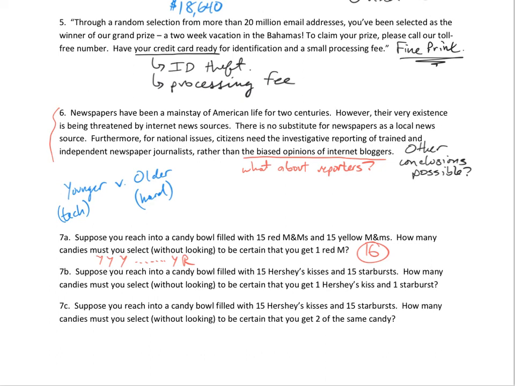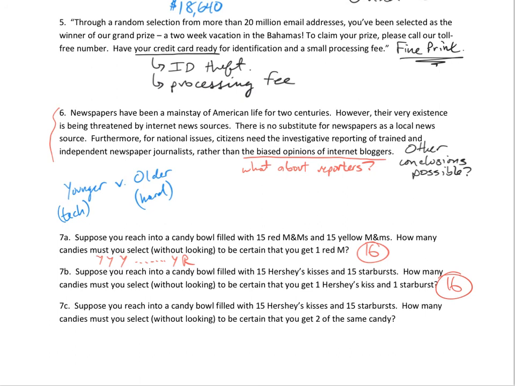But what happens if you get all 15 kisses in your first 15 picks, or all 15 starbursts in your first 15 picks? Well, that's not going to work out that well. But if you pick out all of the kisses the first time, you know the 16th one will be a starburst, and now you have at least one of each. So again, the answer here for part B will be 16.